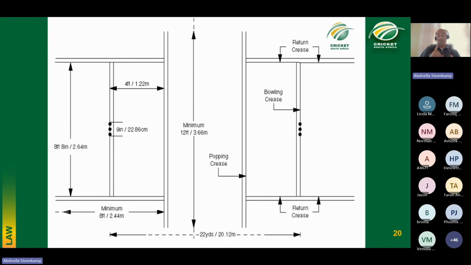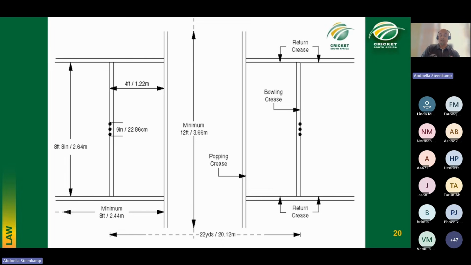If the arrow only starts here by the middle stump and it goes till the back edge of the one return crease, they are looking for half the measurement of the bowling crease, which is 1.32 meters.